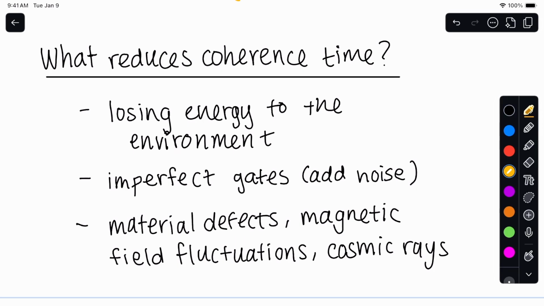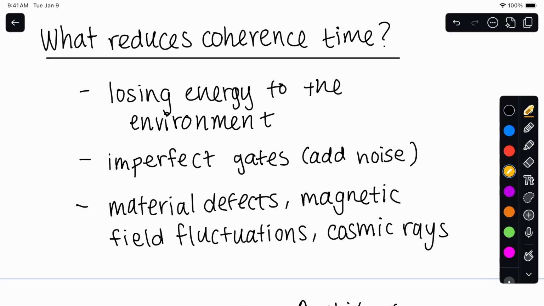So for instance, you could have a gate that applies a slight over or under rotation, more or less than you would expect. And then there are also other factors like material defects that could couple to your qubit, or magnetic field fluctuations in your lab that impact your qubit, or even cosmic rays, which when they hit a qubit can cause it to change its state.